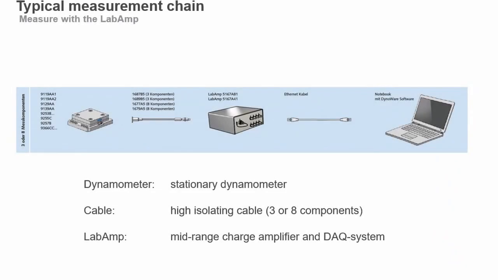We now look at the different components of a dynamometer setup. So of course we have the static dynamometer with all the sensors, the piezoelectric sensors, and then we have the amplifier, which amplifies the charge that is developed in the piezoelectric material and then converts it into readable data. And then we have the DynoWare software.